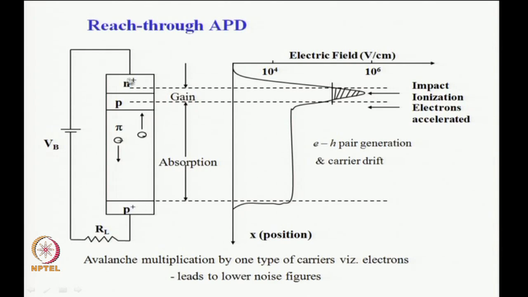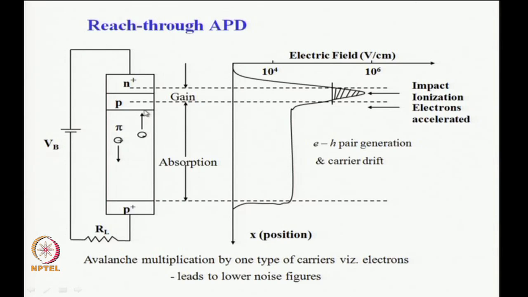Please see that in this design, this is primarily the catchment area. The photons are incident and absorbed primarily in this region. This is not exactly to scale, because the thickness of these regions is much smaller compared to the thickness here.